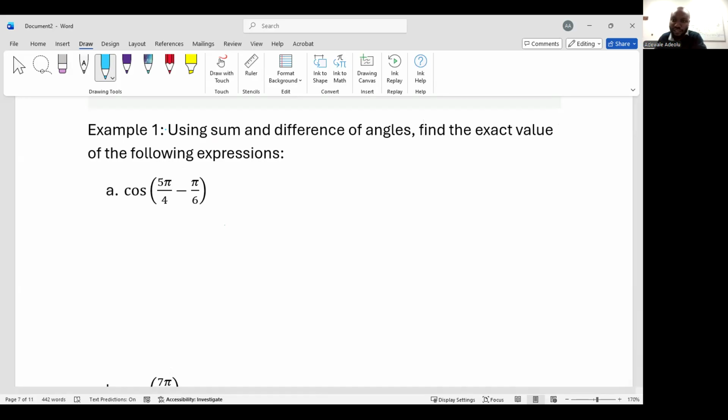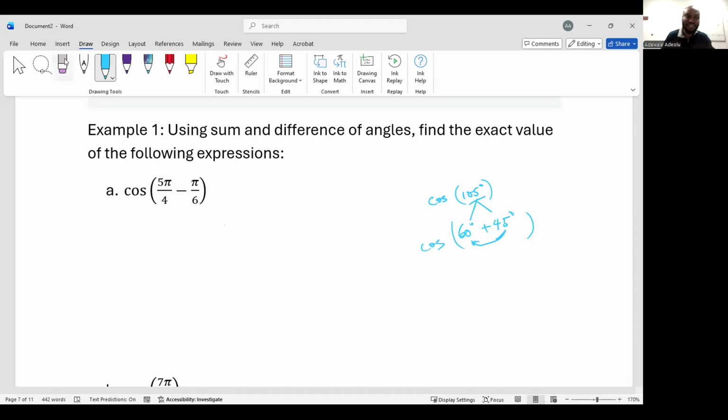For example, if I ask you to find the cosine of, let's say, 105 degrees, this is not a special angle. We do not have it on the unit circle. So we can use this idea because I can break this down into, let's say, 60 plus 45 degrees. So if you just try to add this and have 105, you will see that you will not be able to do it.